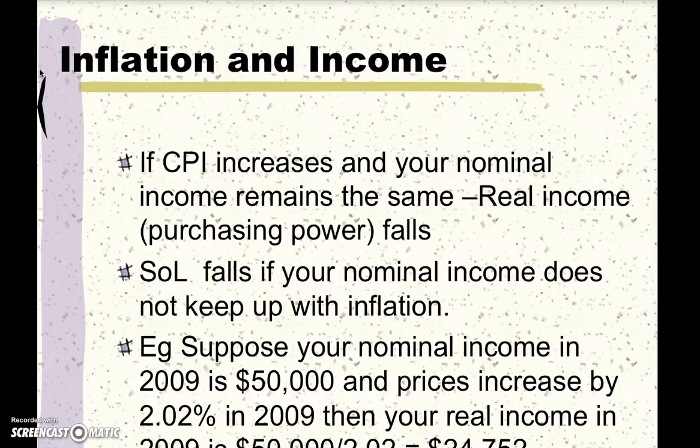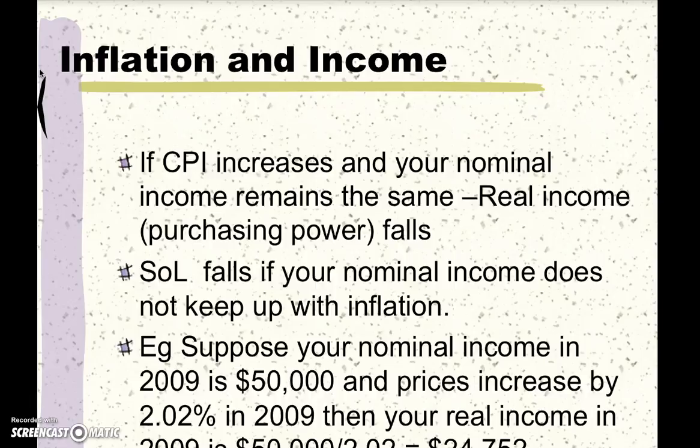So your purchasing power reduces again as inflation increases. And we said there's also a potential direct link with the standard of living. Your standard of living is going to fall if your nominal income, the N in the equation, doesn't keep abreast with inflation.